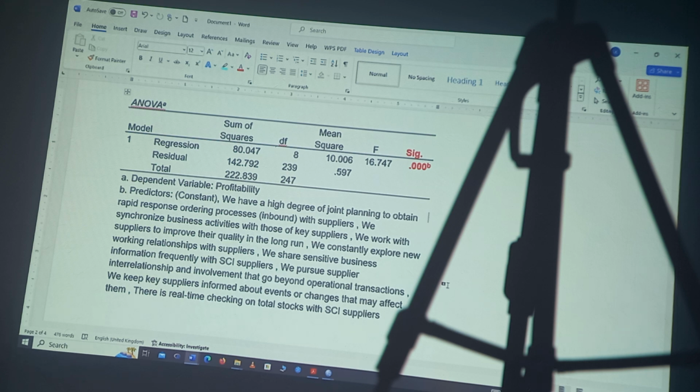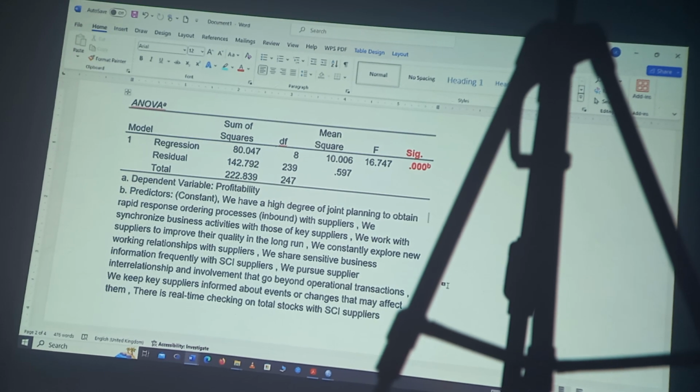We share sensitive business information frequently with supply chain partners. We pursue supply interrelationship and involvement that go beyond operational transactions. We keep key suppliers informed about events or changes that may affect them. There's real-time checking on total stock with key supply chain integration partners. So these are the predictors, the factors causing that change.